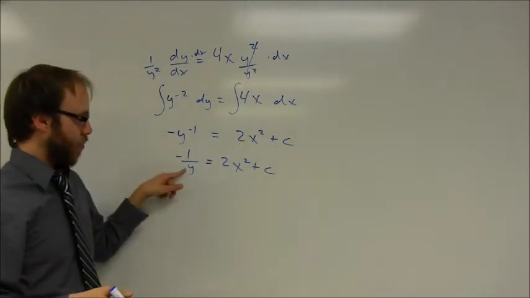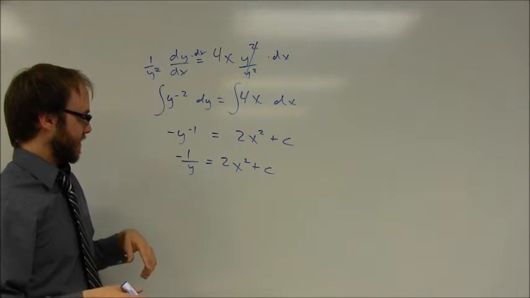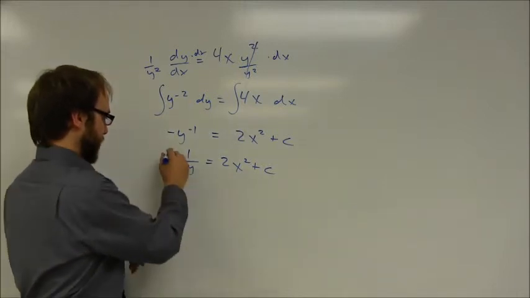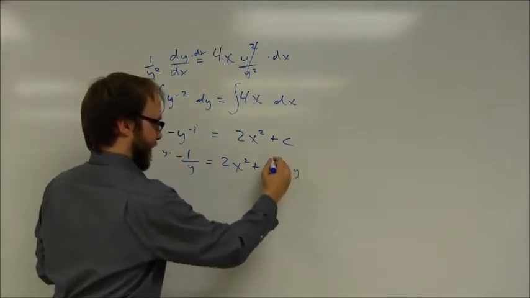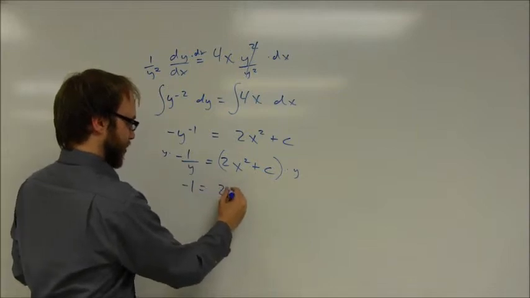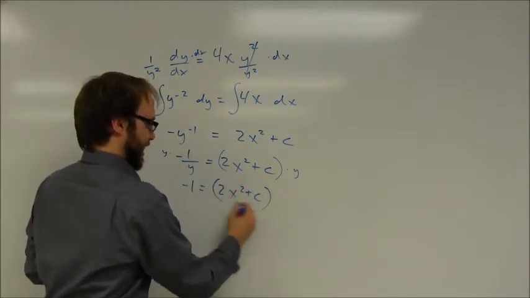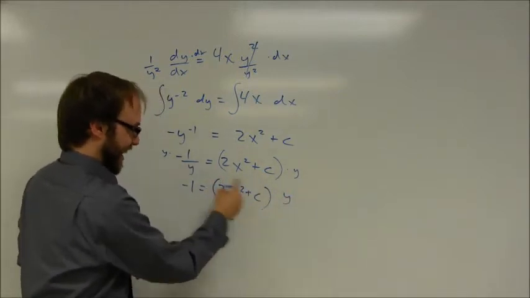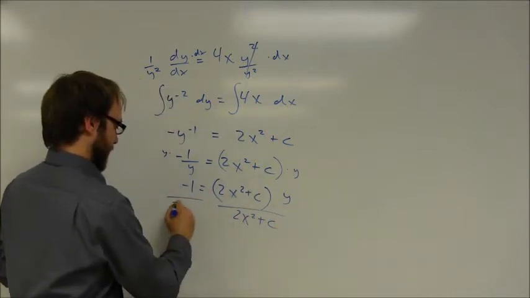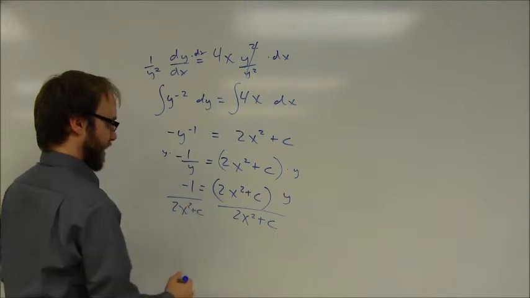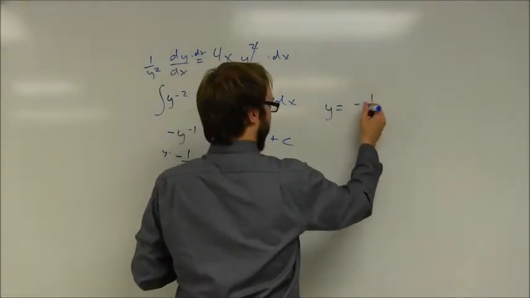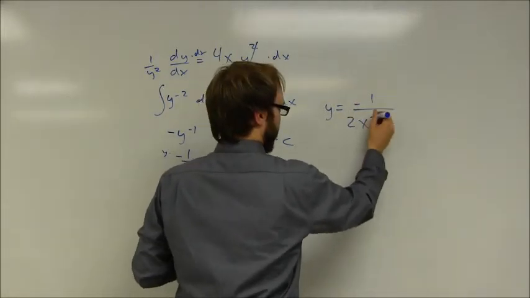If they're asking you to solve for y, you've got all kinds of different possibilities here. Actually, you might want to multiply both sides by y. This whole thing being multiplied by y here. You would have negative 1 equals 2x squared plus c times y. You could divide by the 2x squared plus c. And you would actually find out that y is equal to negative 1 over 2x squared plus c.